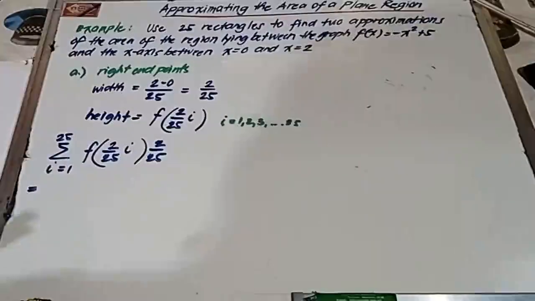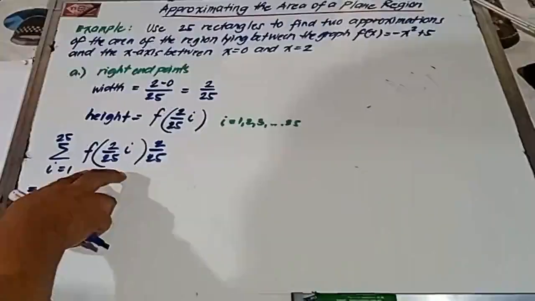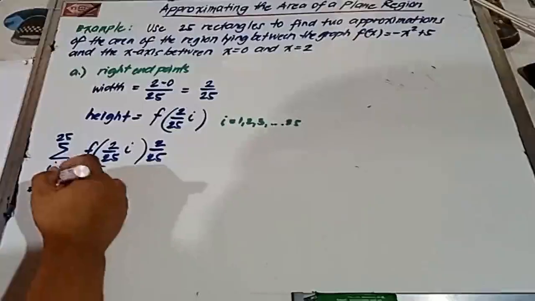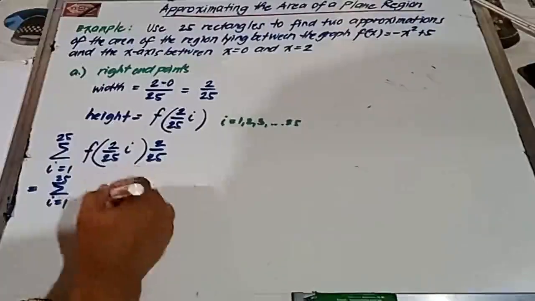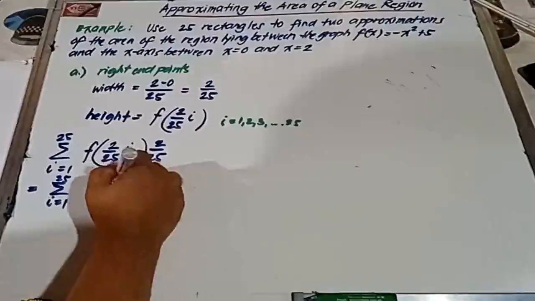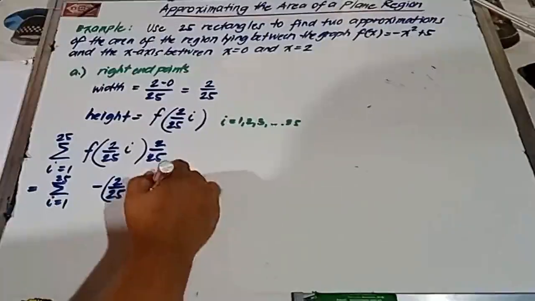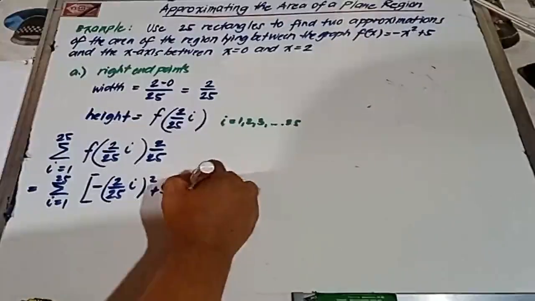Ang ating function is negative x squared plus 5. All we have to do is to substitute 2 over 25 i to x to determine the heights of the rectangle. So that is negative (2 over 25 i) squared plus 5, times 2 over 25.